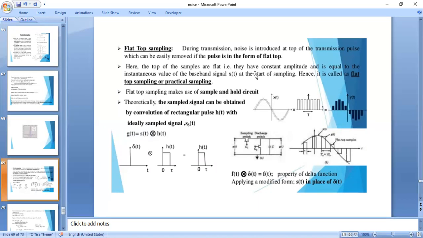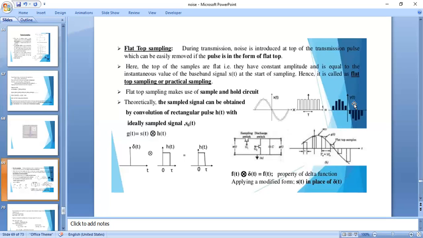Here we consider x of t as the baseband or message signal, and this is the pulse train. Y of t is the sampled signal, and you may observe the samples are flat. The sampled signal at the output is the flat top sampling.